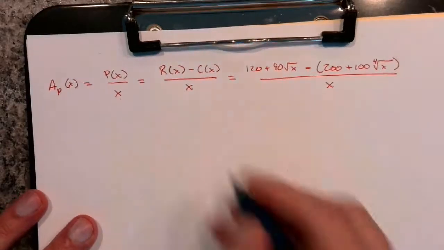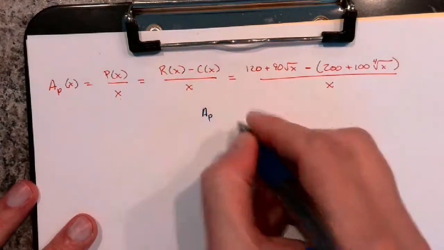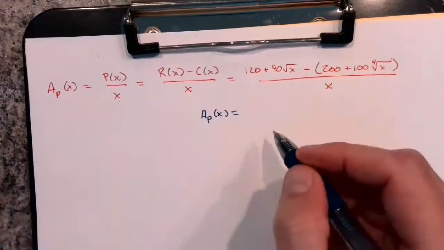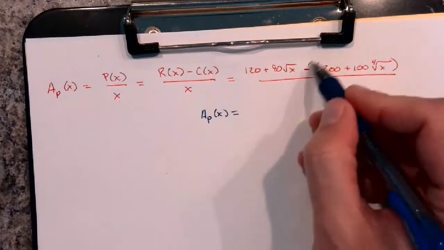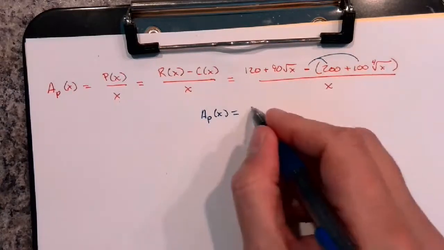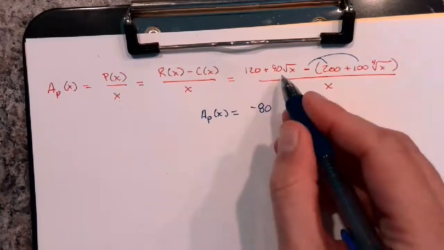Let's simplify this so it's easier to work with. So the average profit of X is equal to, simplifying this, we'll bring this negative sign through. 120 minus the 200 gives me negative 80 to start.